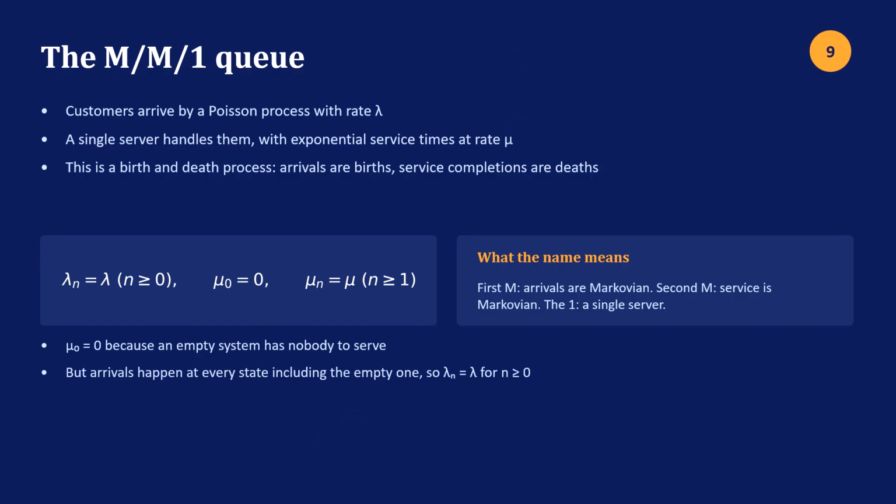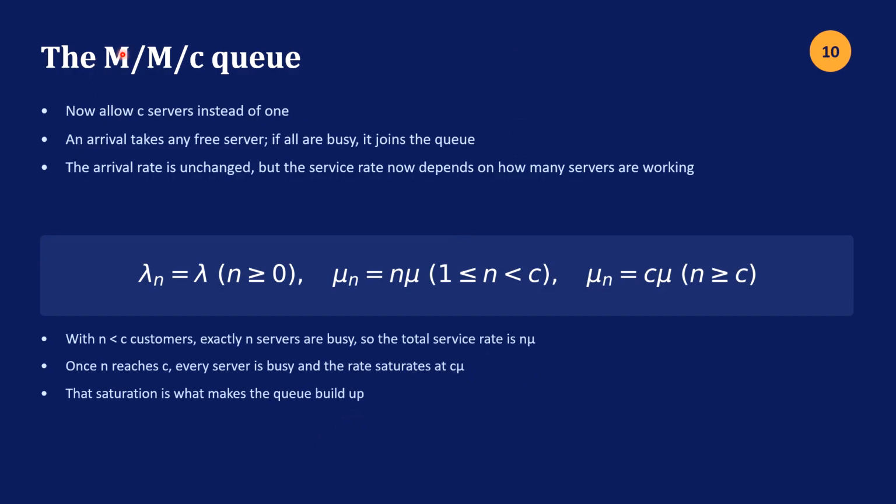Let's look at that. Okay, so this is the M/M/C queue. Now I'll allow C servers instead of 1. An arrival takes any free server. If full or busy, it joins the queue. The arrival rate is unchanged, but the service rate now depends on how many servers are working. So you have your arrival rate as before.